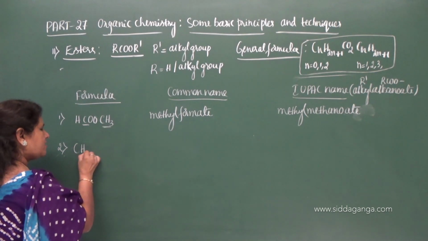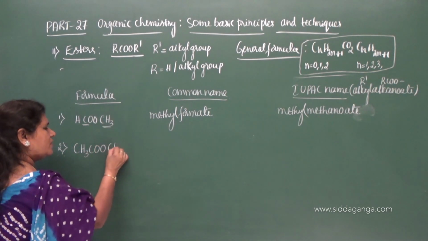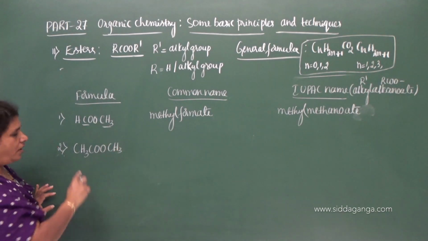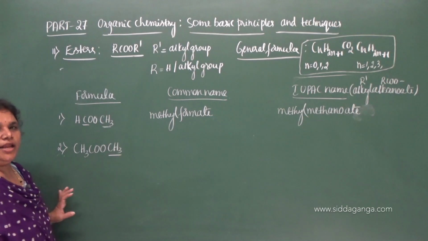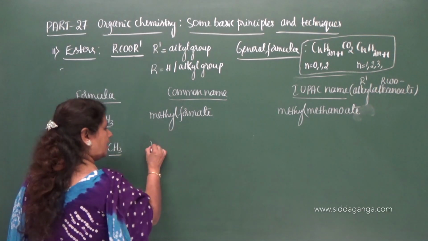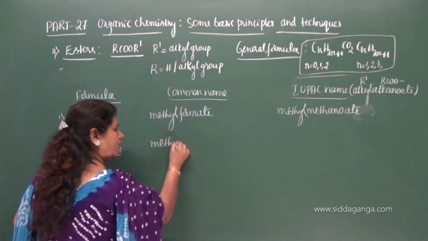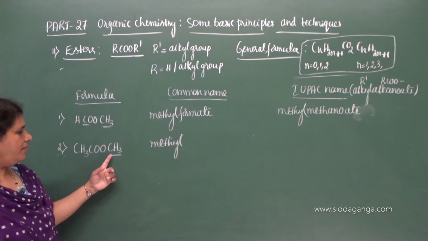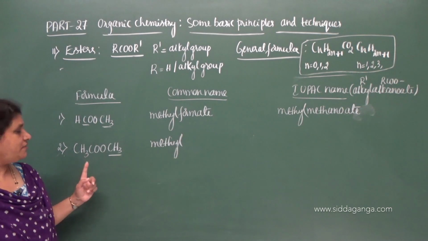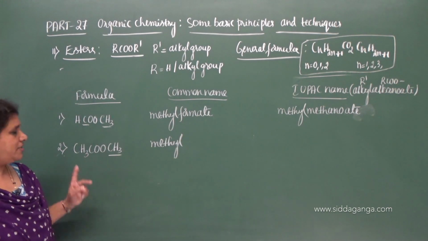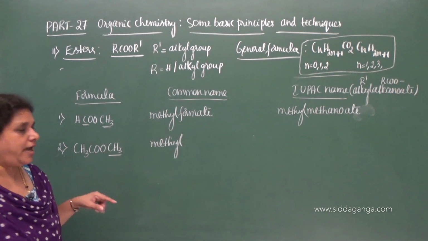I'll write CH3COOCH3. Here both R and R dash are alkyl groups. What is the name of R dash? Methyl. The name of R dash is methyl group. And what is the common name of the carboxylic acid which contains 2 carbon atoms? It is nothing but acetic acid.